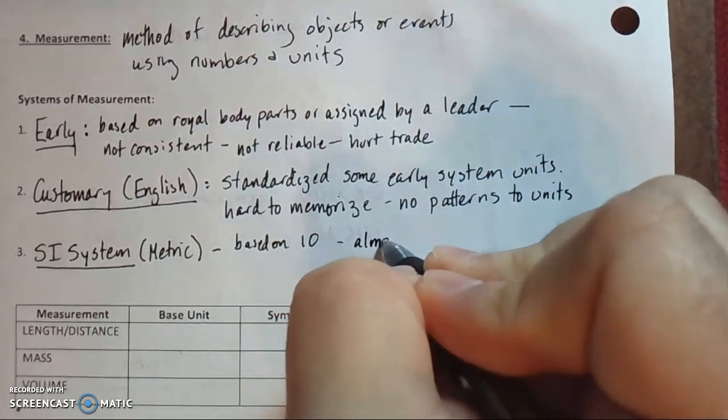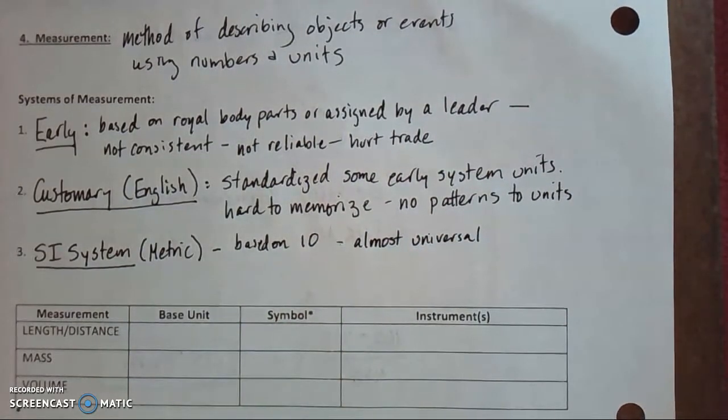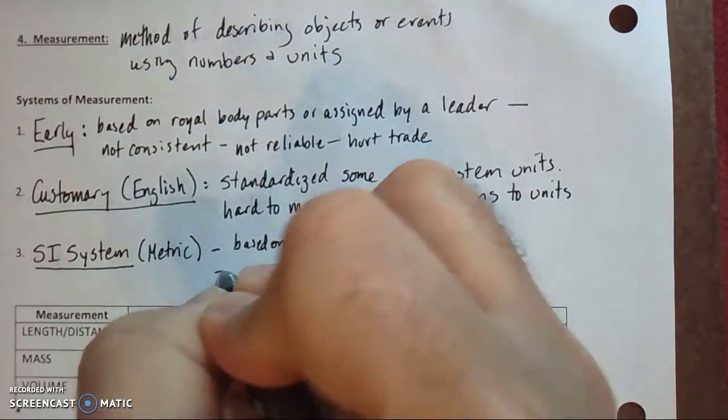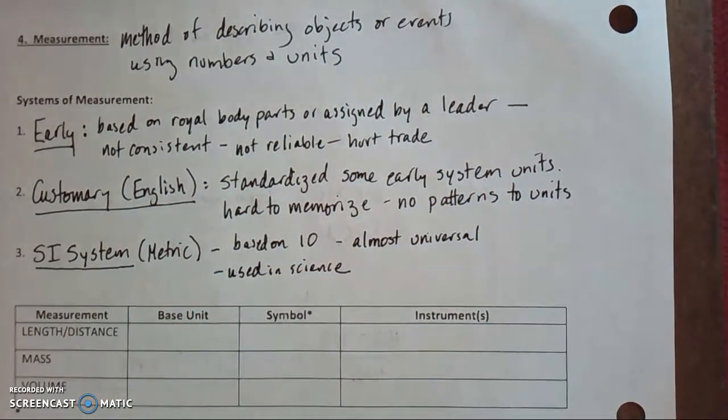It's almost universal. Almost all the countries in the world use this system. The largest country that does not use this is the United States. It is used in science, which is why we're learning the metric system, because it allows us to communicate on the same level with the same measurements from country to country. This is really important since we are becoming more globalized, that we are able to communicate easily with the same measurements and the same values.